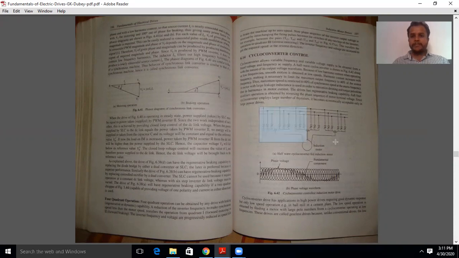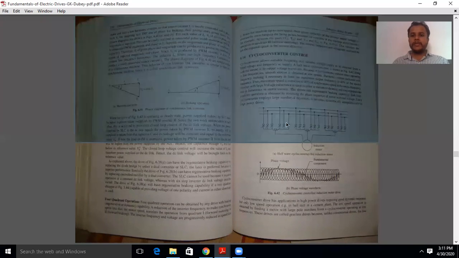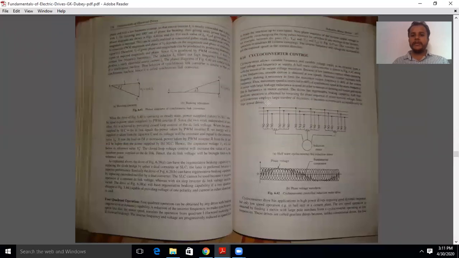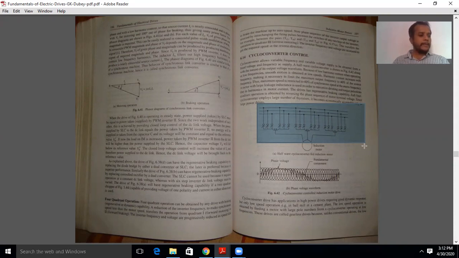This is the diagram for the half wave cycloconverter fed induction motor. In this case, the three-phase power supply is used to control the speed of induction motor with the help of the cycloconverter.